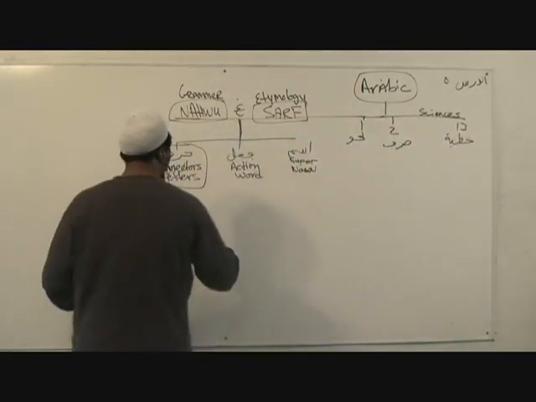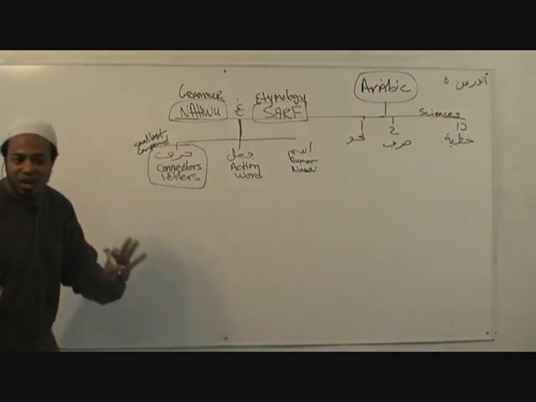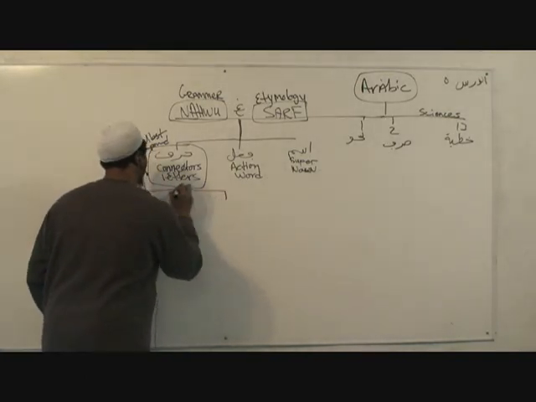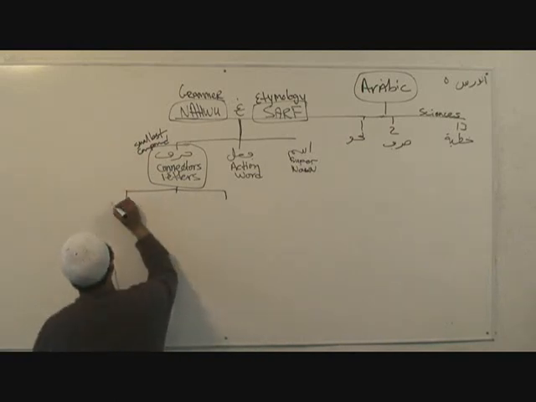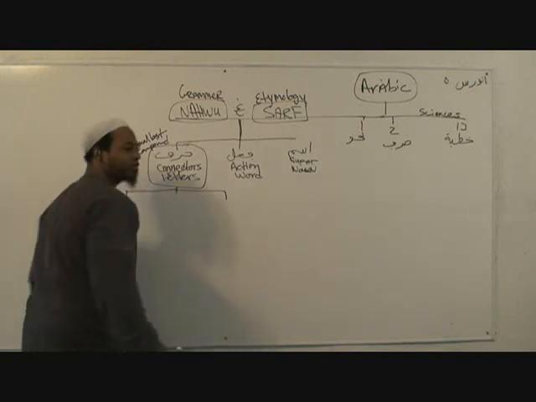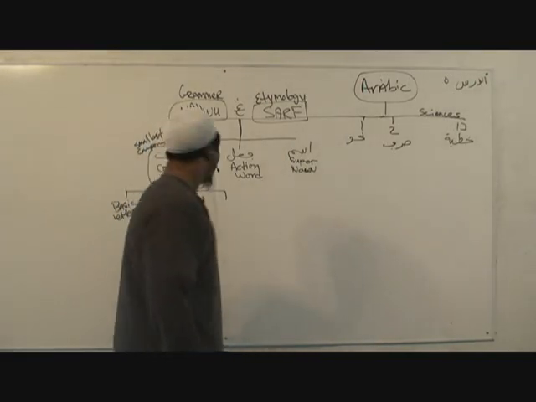So now, the connectors, or the letters and connectors, are broken into 3 parts, right? What are the 3 parts? The first part is the basic letter. The basic letter, right? What's the next part?